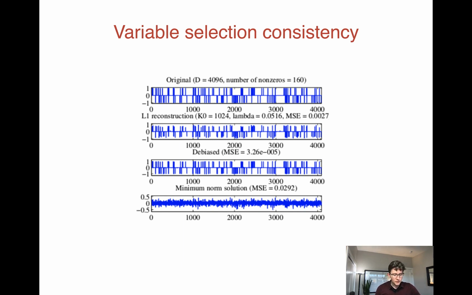The way we do this is we first do L1 regularization to find a set of parameters with non-zero weight. And then we redo our optimization. We throw out all the other features and give just those features, and then we do unregularized optimization.